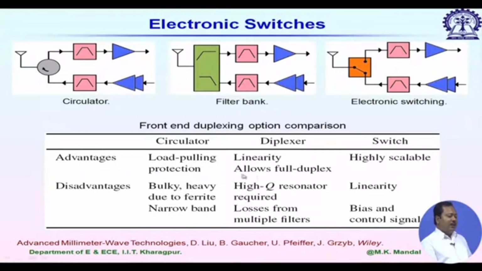But the disadvantage is that we have to design two band pass filters having two different frequencies, and let us say the two frequency bands are closely spaced. Then the rejection level at these two bands for these two different filters should be as high as possible. Sometimes the specified value can be 80 dB or more.